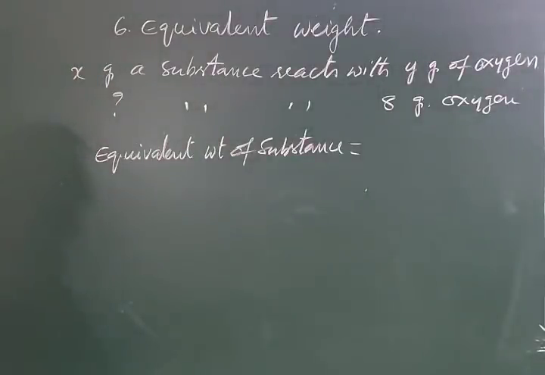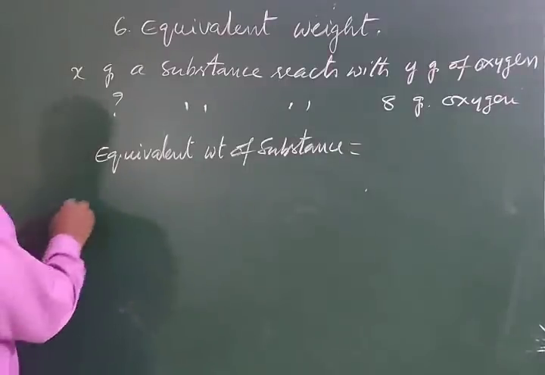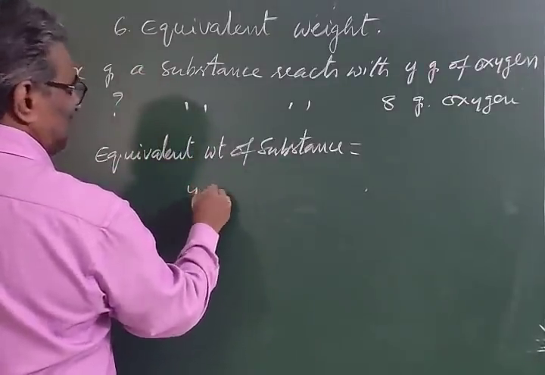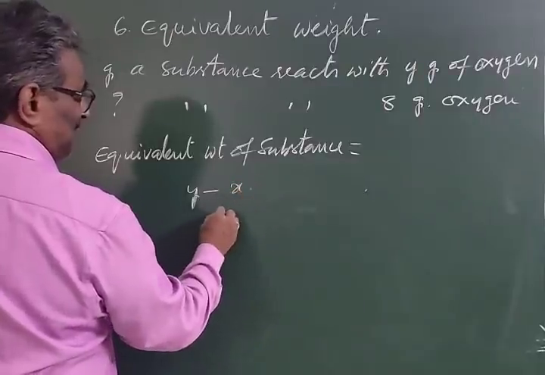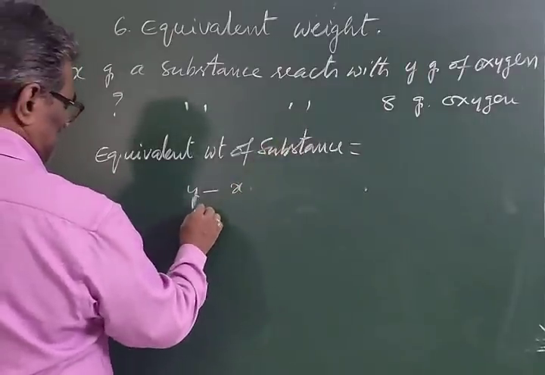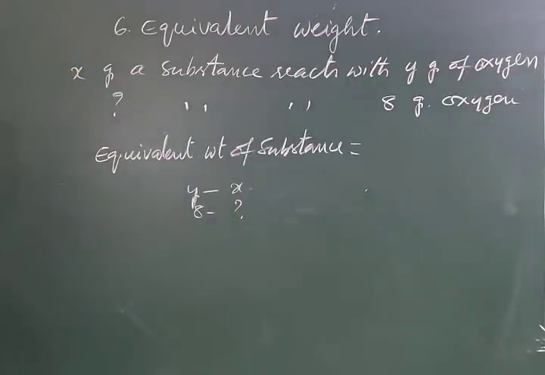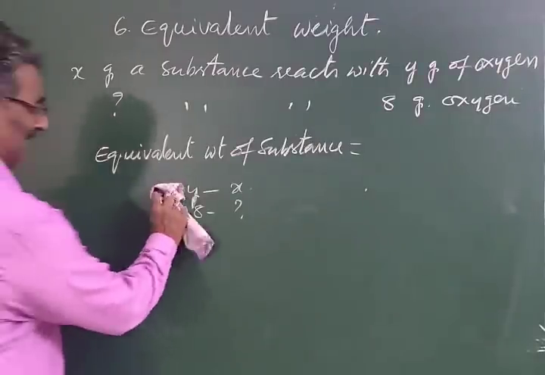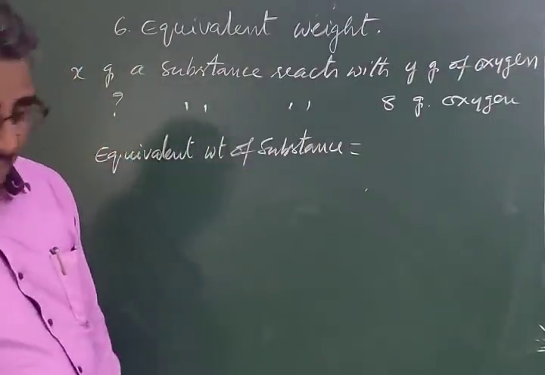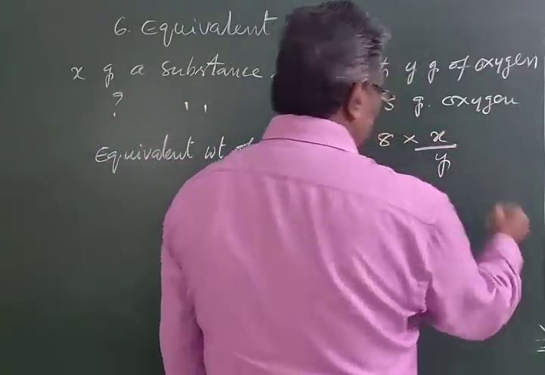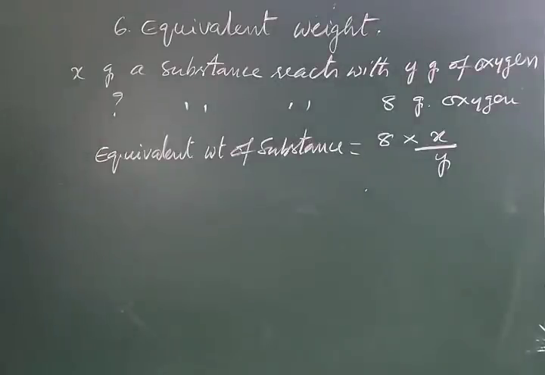X into 8 by Y. Y grams of oxygen can combine with X grams of substance, so 8 grams of oxygen can combine with the corresponding amount of substance. That is 8 into X by Y.